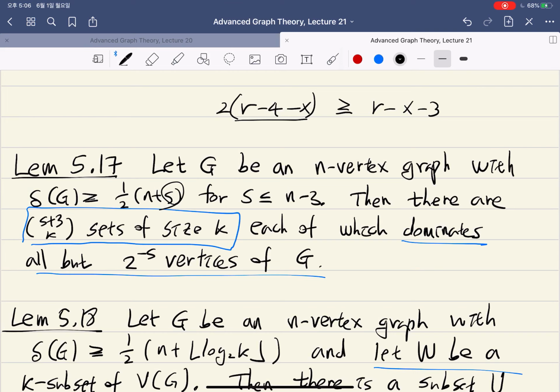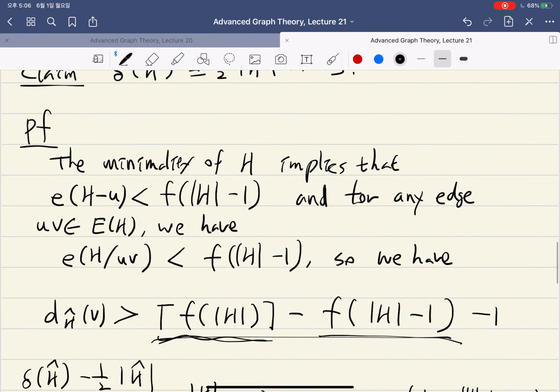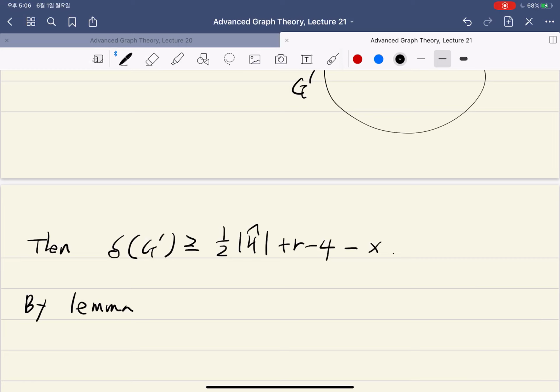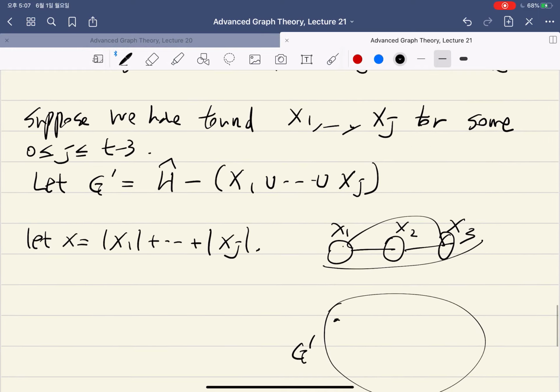So let's say that in here, this is bigger than half times number of h plus s, where s is r minus x minus 3. Then this inequality, you can actually check that it holds because of our choice of r.